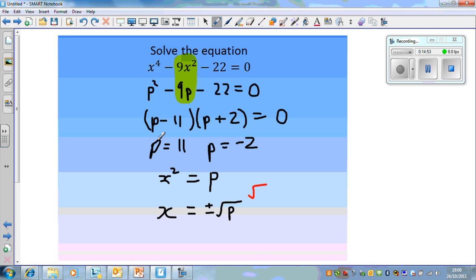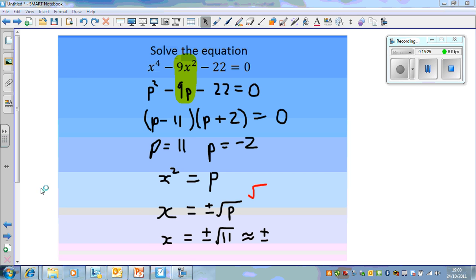Right, now let's have a look at this one. p is 11, so that means that x has to be equal to plus or minus the square root of 11, which is going to be approximately between 3 and 4 somewhere, closer to 3.